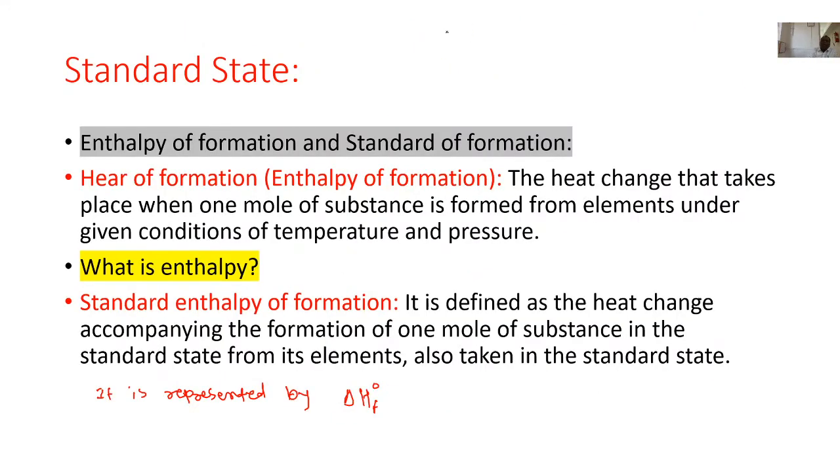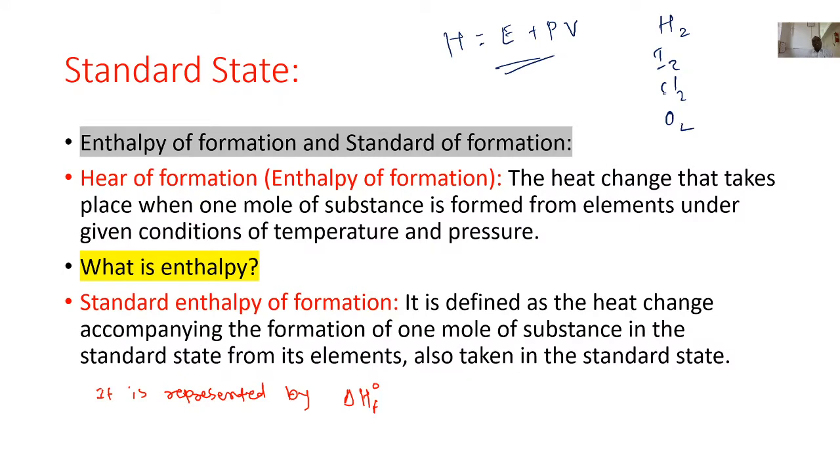Enthalpy is given by H equal to E plus PV. This E plus PV is taken as 0 for the basic, very stable molecular level, that is H2, I2, Cl2, O2, right?